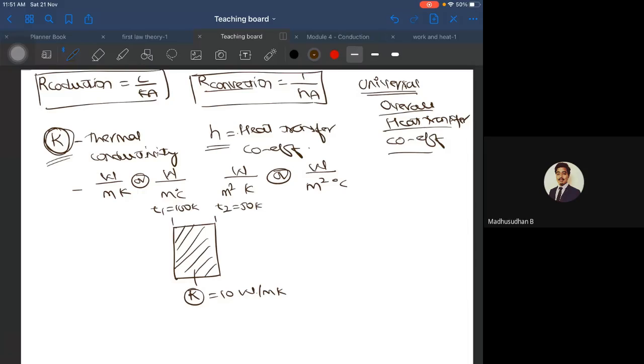Now, I want to calculate the amount of heat transfer that is transferring from section A to section B. So how do I calculate it? I want the value of Q in this case. How do I calculate it?